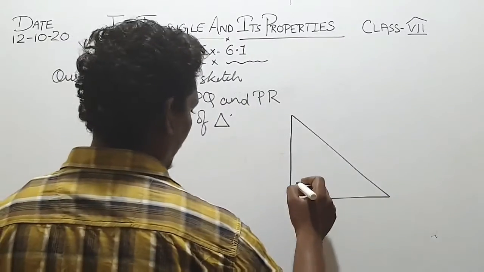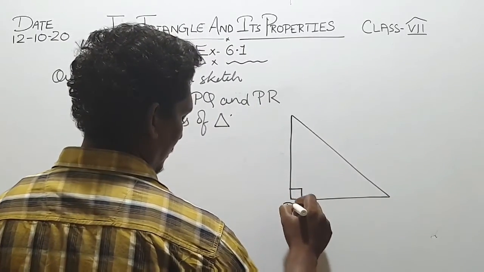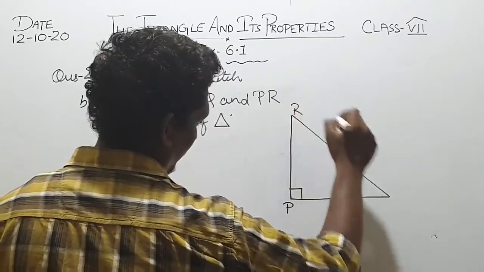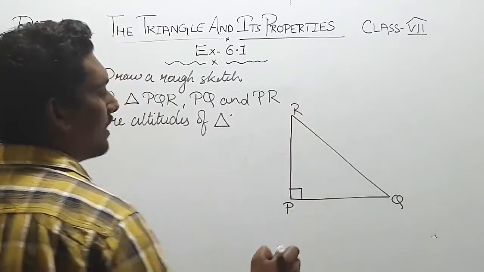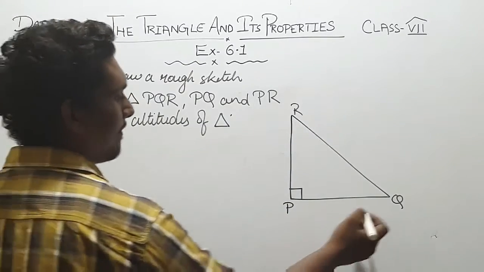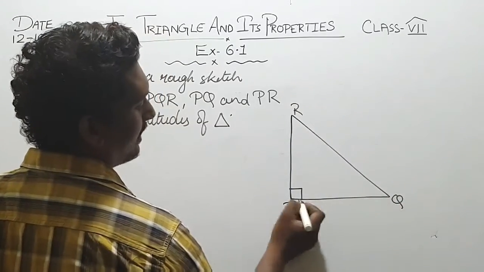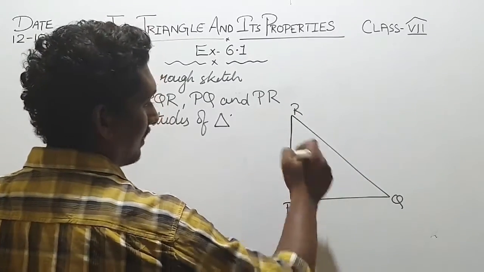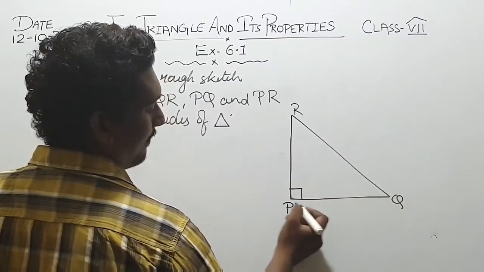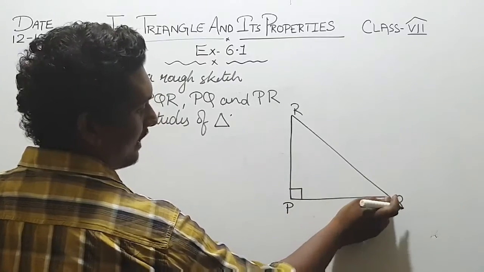This is a right angle triangle in which, if you see PR from this side, this is the altitude, and if you see PQ from this side, this is an altitude.